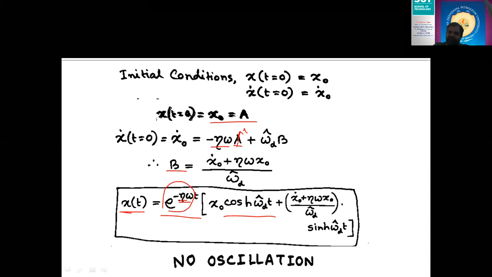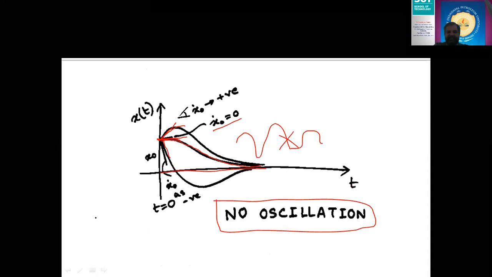Since eta is very high and it has a minus power, this term dominates, so there will be no oscillating response, and the response will look similar to this. The values will be different, but the graph looks similar.